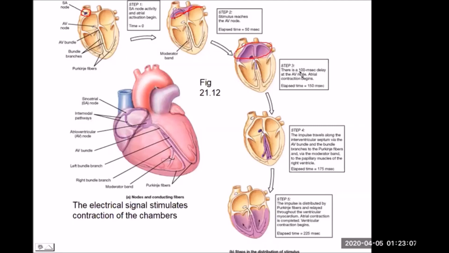And again, that brief delay in time for the signal to travel down to the ventricles via the Purkinje fibers, and then ultimately the stimulation of the ventricular myocardium. So again, it's this anatomical arrangement here that dictates the timing and the physiology of the cardiac cycle.